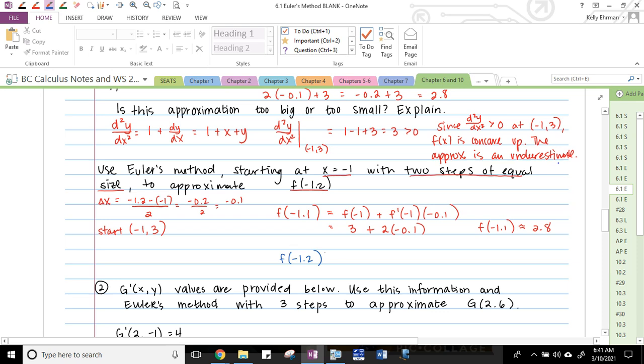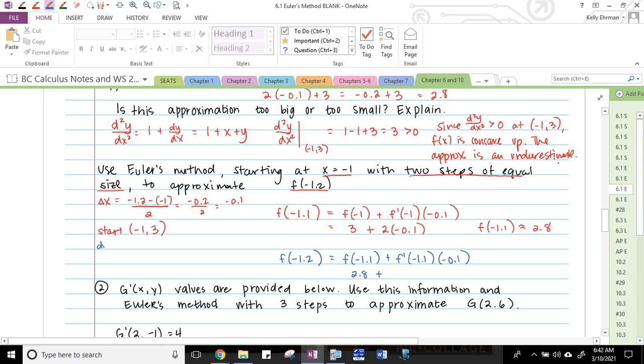So my new y is equal to my old y, f of negative 1.1, because now I'm there, plus the slope at negative 1.1 times the same step size. Now you were at 2.8. What's the slope at negative 1.1? I don't know.